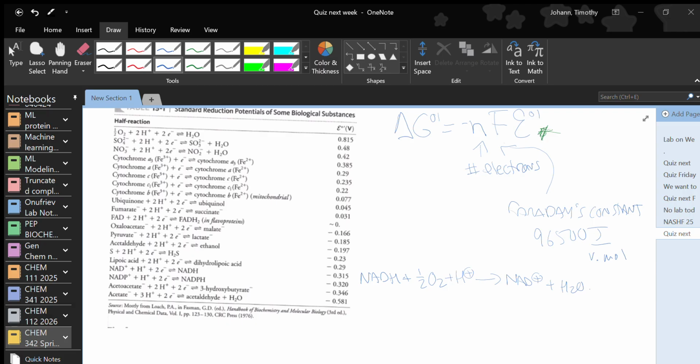And for potentials, positive is spontaneous, which is why we need this little negative sign in our equation up here. If positive is spontaneous, we need to change it to negative for it to be spontaneous on the free energy side. There's another rule with these.